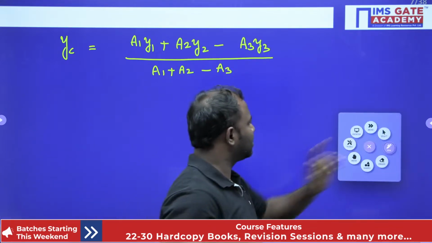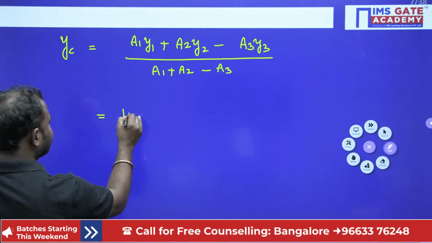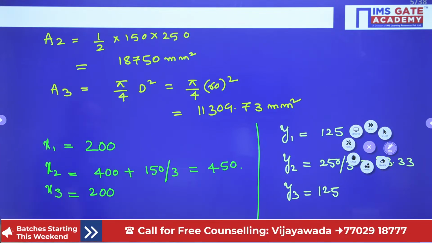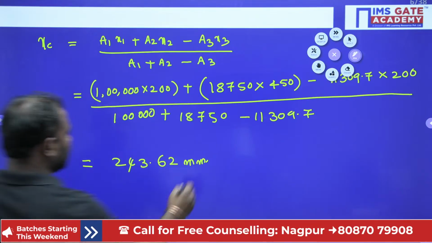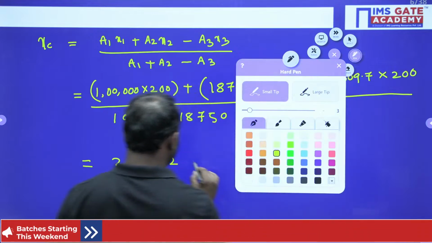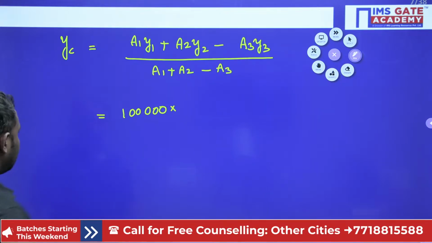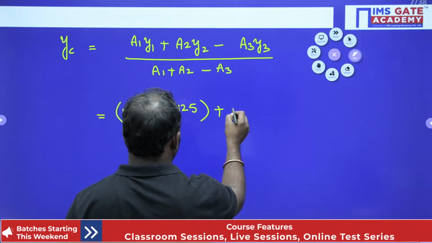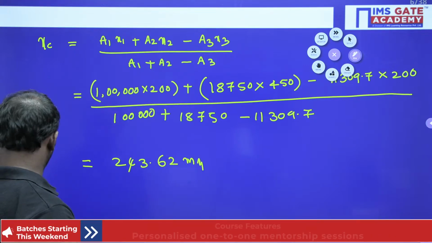Here a1 is 1 lakh into y1, and y1 is 125 mm. This is 1 lakh into 125, plus a2, which is 18750.